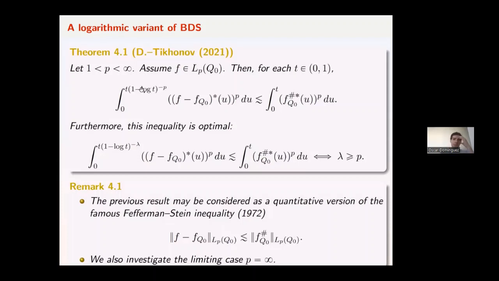So what is happening here? Can we remove this, or at least put this inside? No, this is optimal. In the paper, we prove that the best possible value that you can put here is indeed when lambda is equal to p. So you cannot put only the integral from 0 to t, because otherwise this inequality is false. You can find counterexamples.